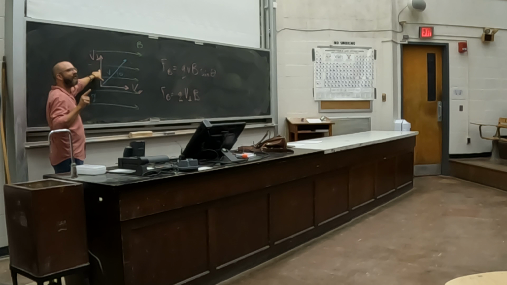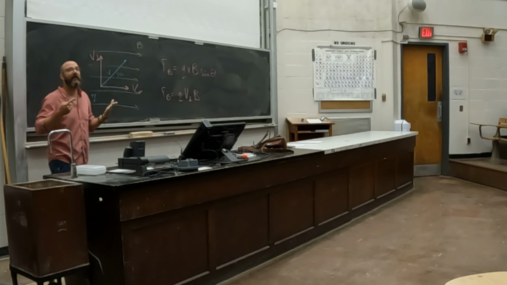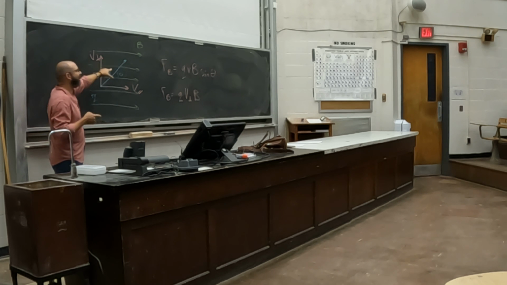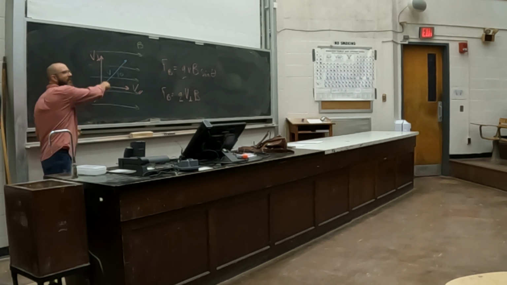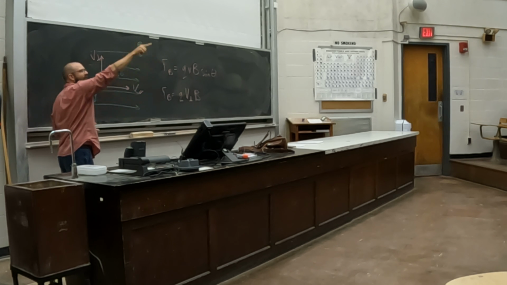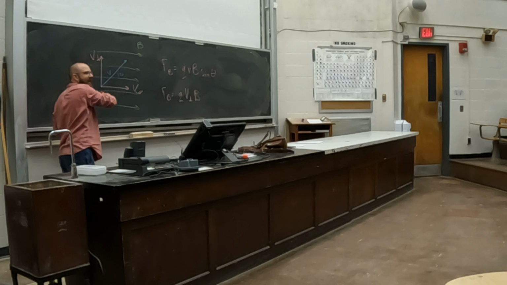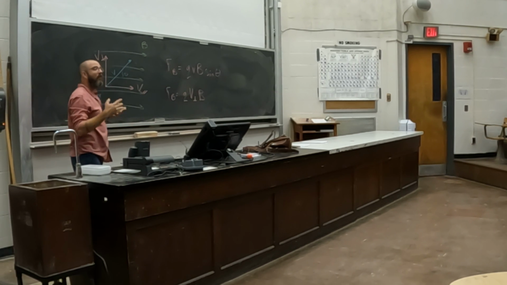So this thing is going to start to turn in a circle that has a radius which stays perpendicular to the velocity and the B field. I can't really show it to you on the board. What that means is as this thing moves into the field, it starts moving in a circle like this. There's the magnetic force. It's going into the board, out of the board, into the board, out of the board.